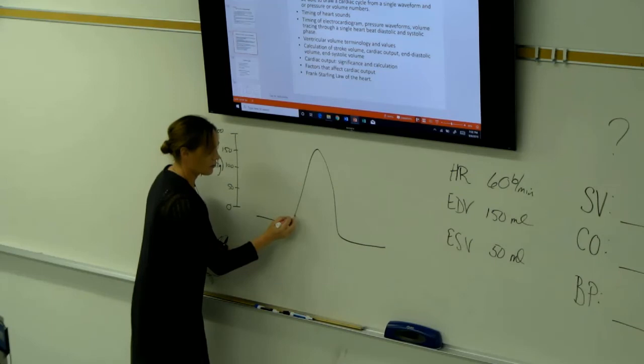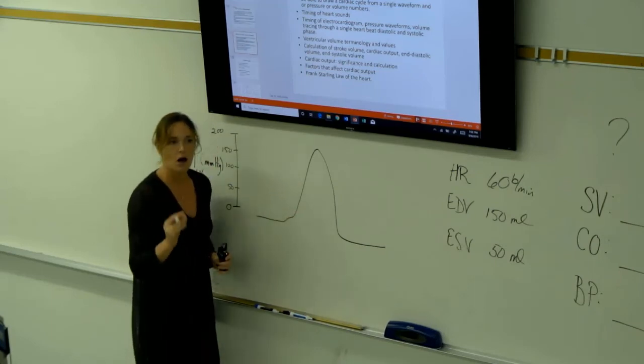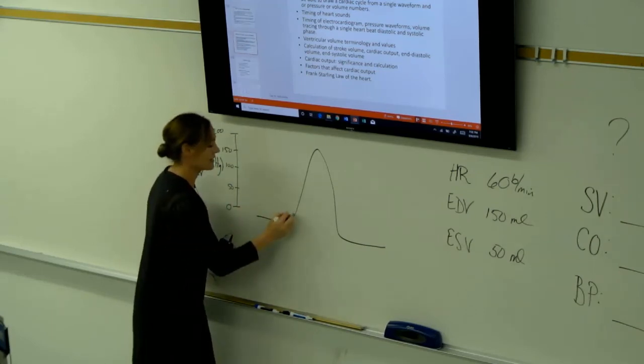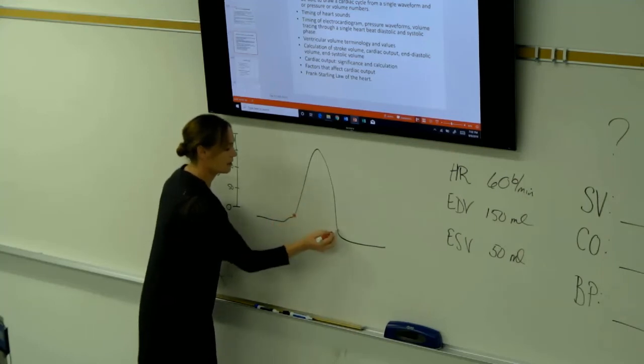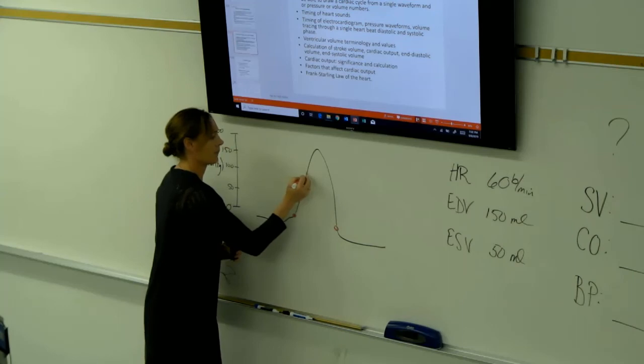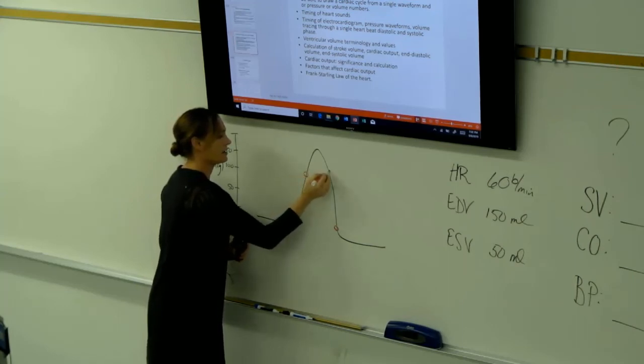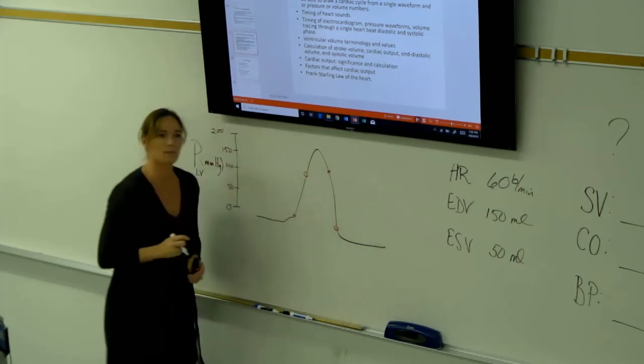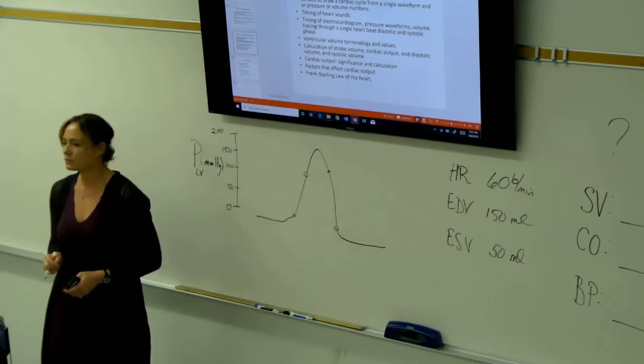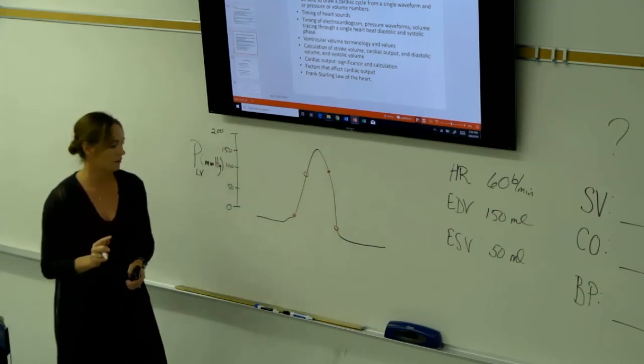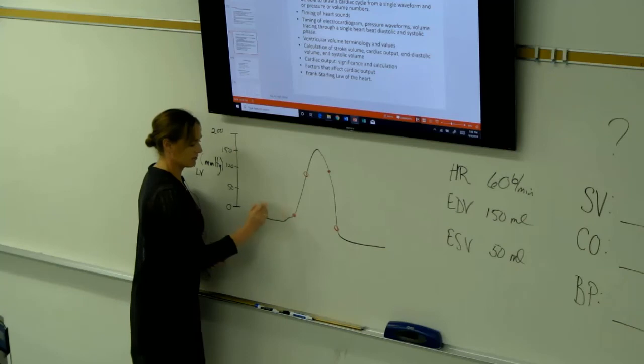When I start this off, I'll look here and I'll draw the points on the graph where I know valve activity is going to occur. There's going to be a dot here, and a dot here. There's going to be a dot here, and a dot here. Those 4 dots are representing valve activity. So let's name this first one.